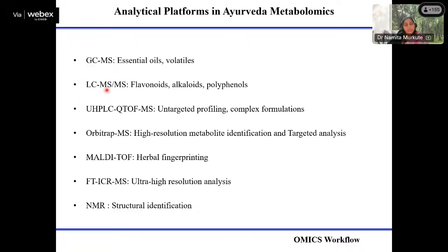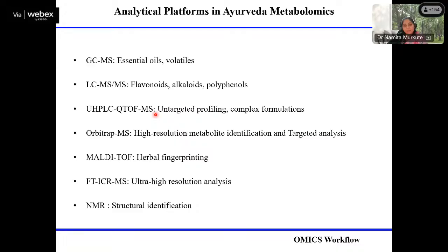Now for LC-MS/MS, here you can identify with higher confidence levels flavonoids, alkaloids, polyphenols, aldehydes, ketones, and sugars. Proteomics work is also done very nicely in LC-MS/MS analysis.